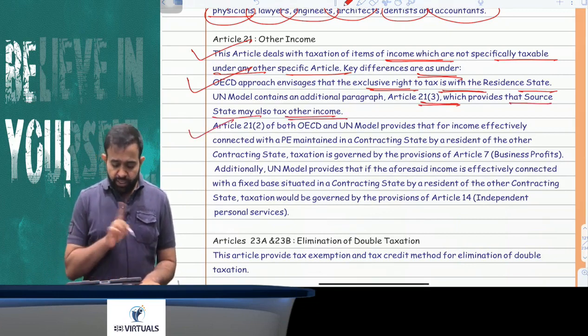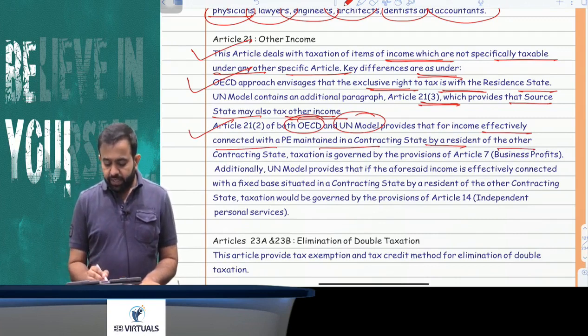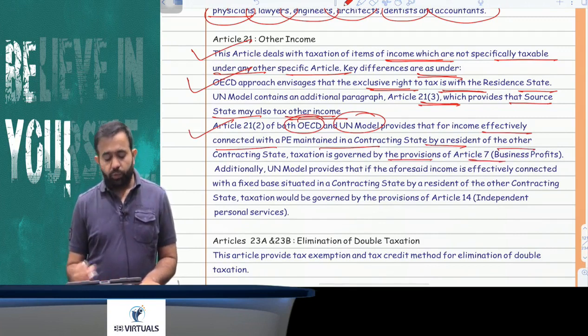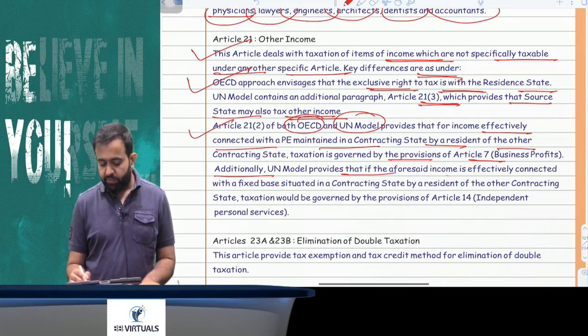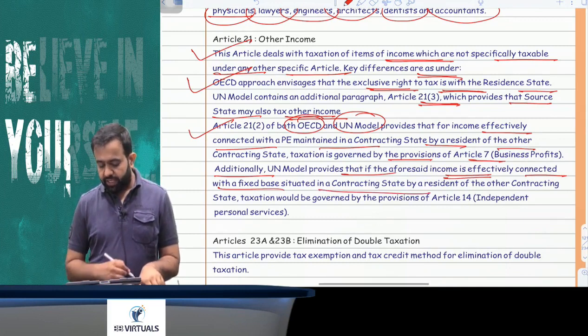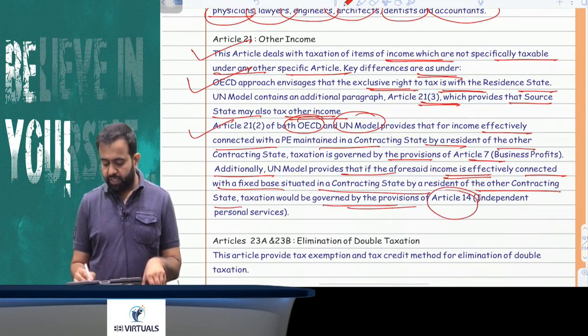Article 21.2 of the OECD and UN model provides that if the income is effectively connected with a PE maintained in a contracting state by a resident of the other contracting state, taxation is governed by the provisions of article 7, that is business profit. Additionally, the UN model provides that if the aforesaid income is effectively connected with a fixed base situated in the contracting state by a resident of the other contracting state, taxation would be governed by the provisions of article 14.